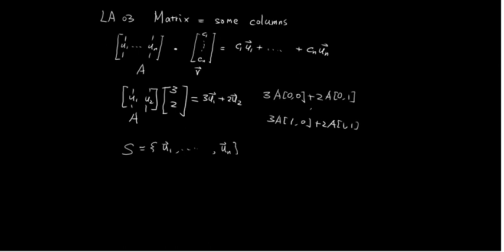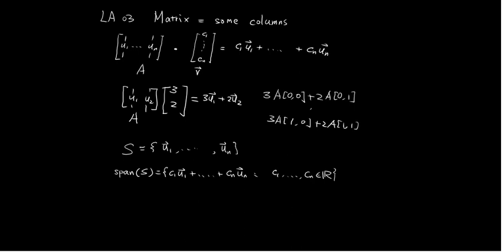And you can define what is the span of S. It is all the possible linear combinations of S, such that C1 up to Cn are all just real numbers. Such a thing is called a linear combination, as mentioned in the video. And if you collect all the linear combinations, then it is called the span of S.